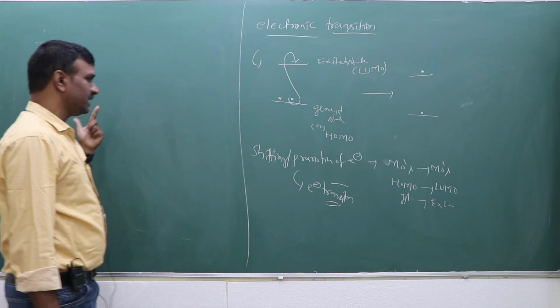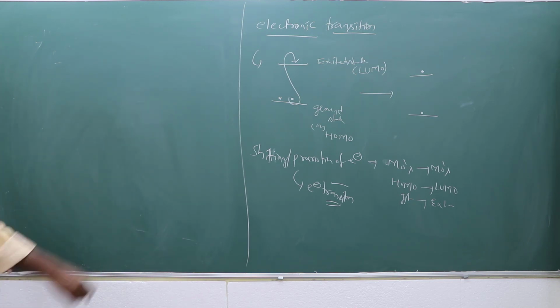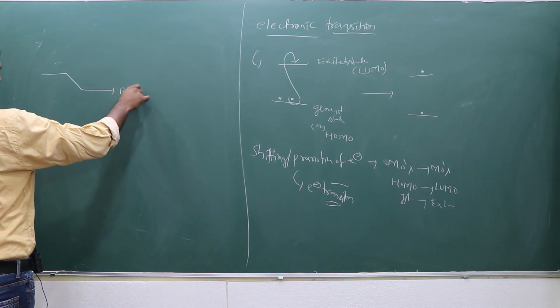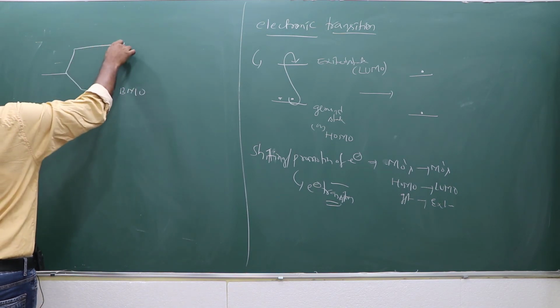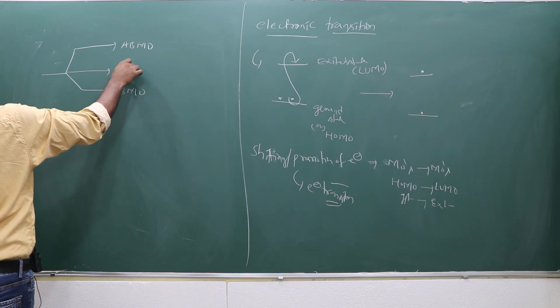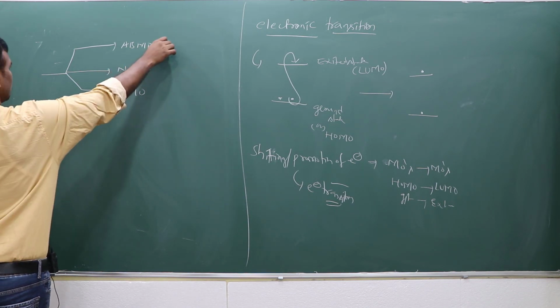Based on the energy criteria, one is considered the bonding molecular orbital, another the anti-bonding molecular orbital, and another the non-bonding molecular orbital.